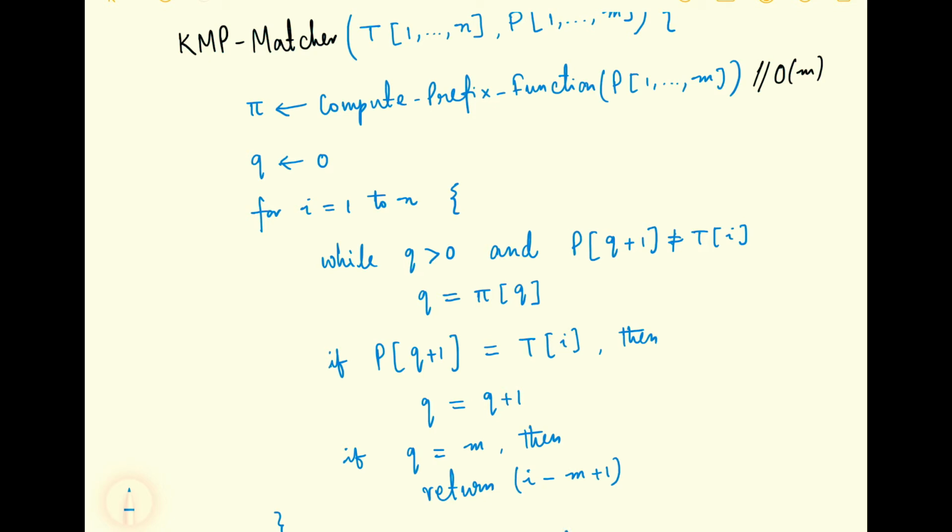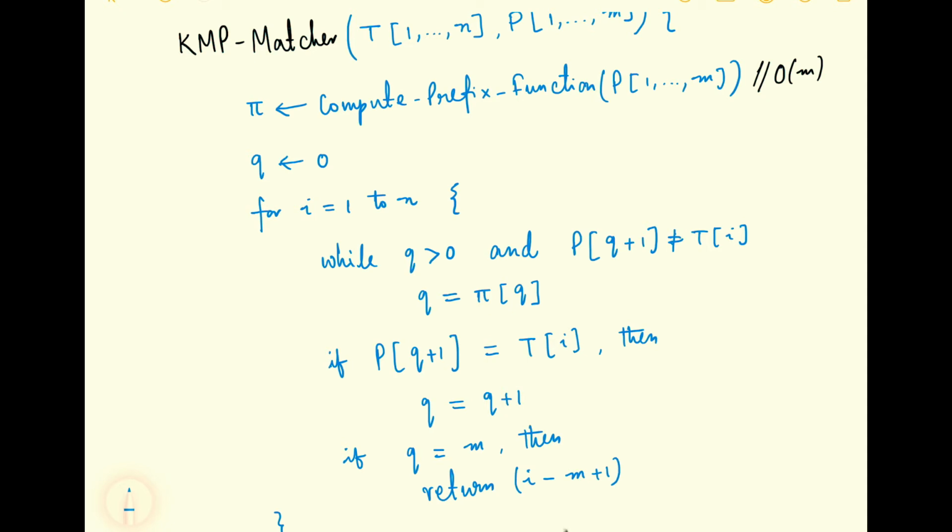And in the naive string matcher, I was throwing away this partial match, but here I should not be throwing it away, because I know that the first q characters have matched.